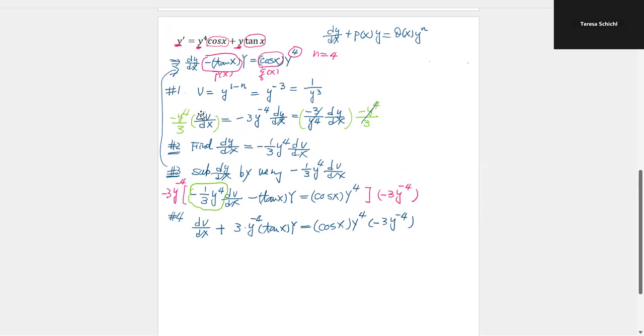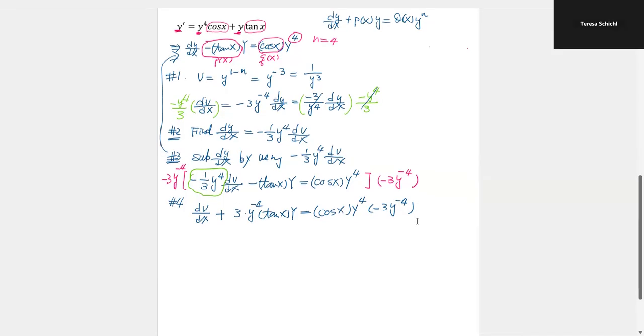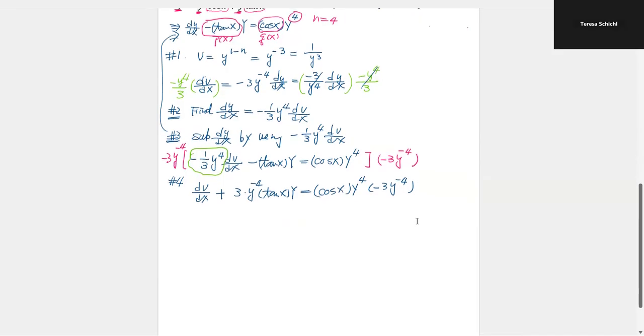Let me double check, because sometimes we need to be careful. Here y^3, so find the dy/dx, and substitute dy/dx. All right, I'm fine. I just don't want to make a silly mistake.